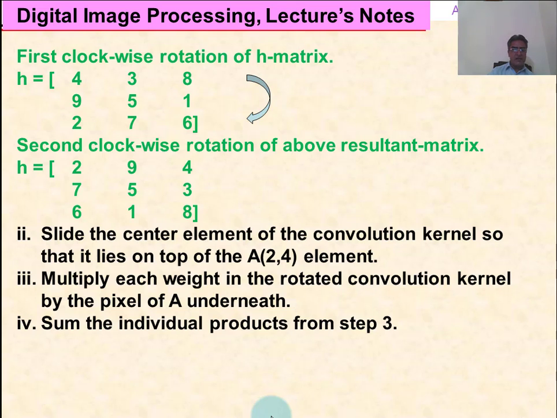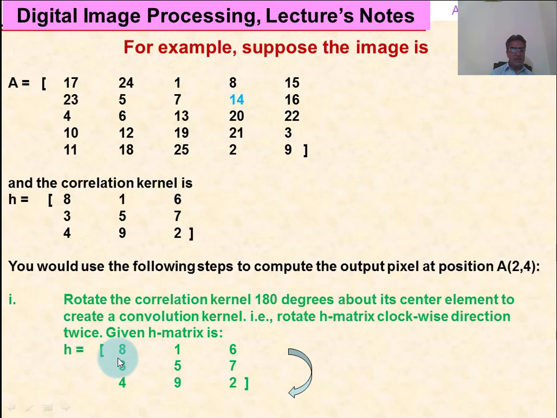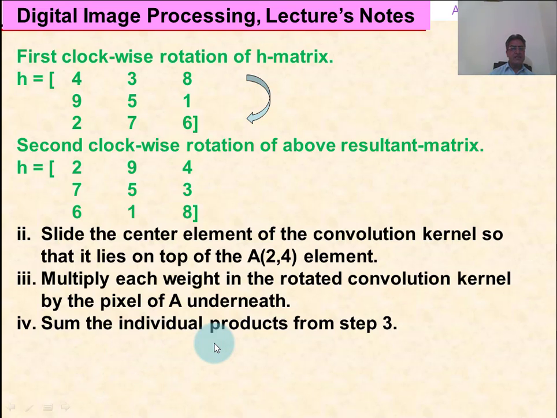And you may see here, the first row is actually 8 1 6, and here it is 8 1 6 in the last column.